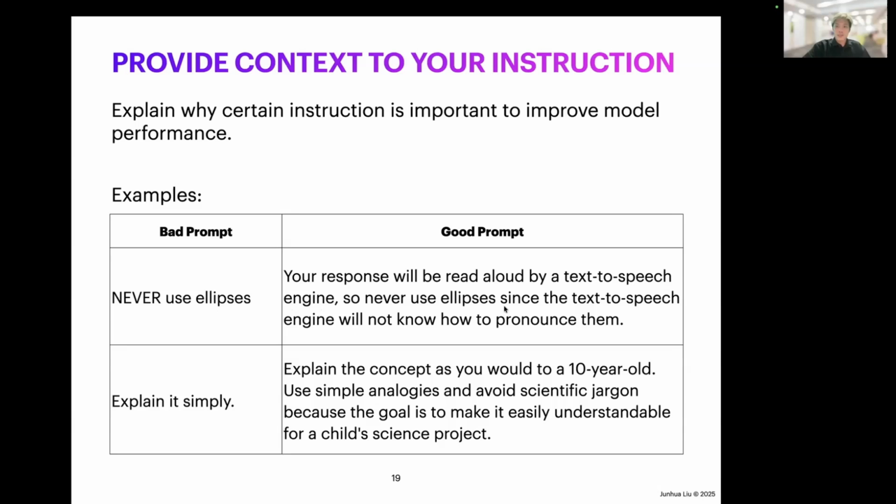Never use ellipses since the text-to-speech engine will not know how to pronounce them. Now that the LLM knows the rationale of why this shouldn't be done, it will follow more closely and potentially extrapolate your request to not do some other practices also.